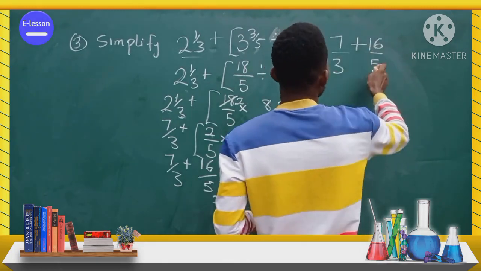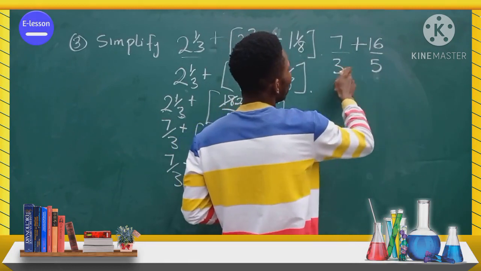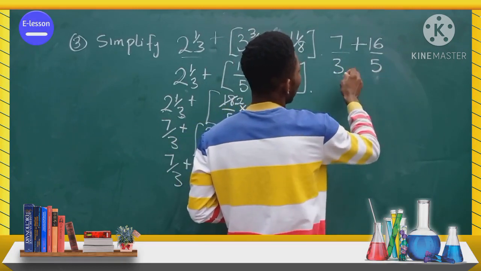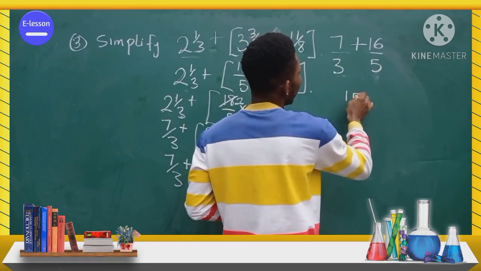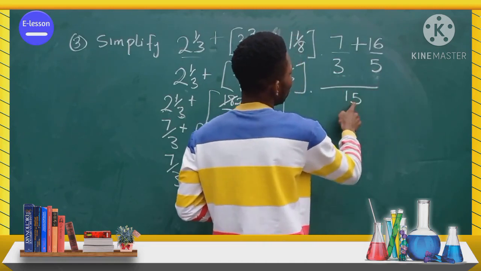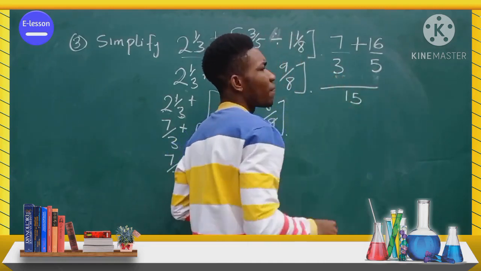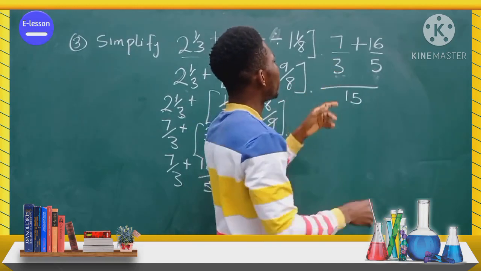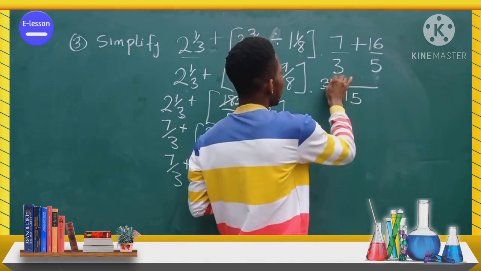What's the LCM of 3 and 5? It is 15. So we have 15 all over; 15 divided by 3 is 5, times 7 is 35.